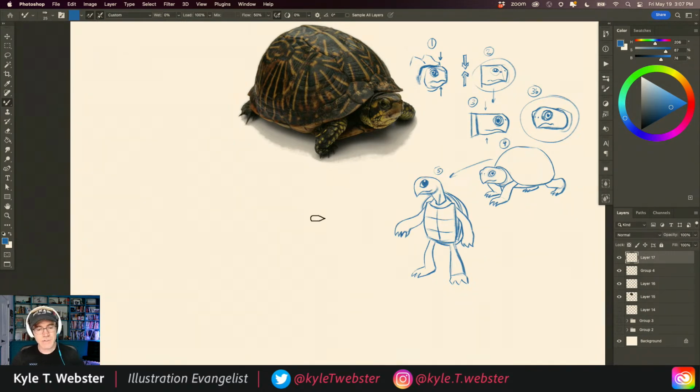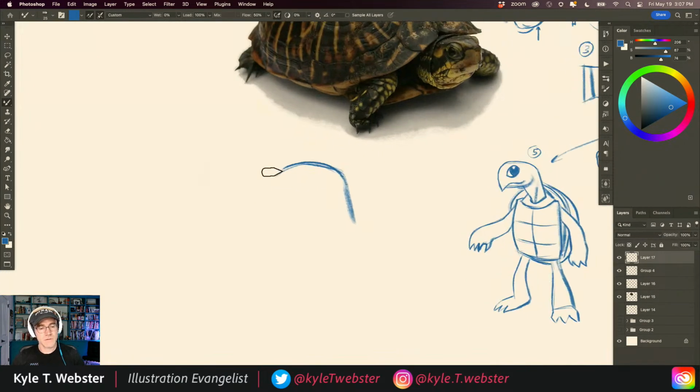All right, so we're going to do this. We're going to go here, and we're going to curve. From here, we're going to curve up and over. Okay, curve up and over, and really just make that one curve down to the neck like this.